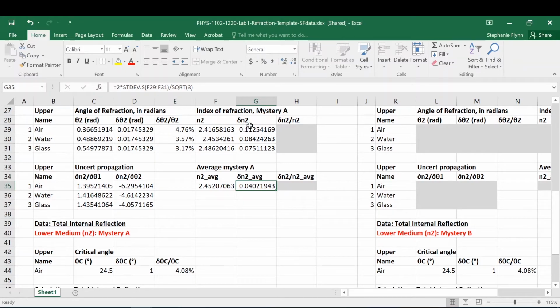So basically you're looking at these three values here and this value and picking out which one was the largest when you are stating your final result. So because this is a smaller number, that just means that these values were all close together. So we have to use the larger number when we're writing our final answer. And of course, you can fill in the percent uncertainties again here.